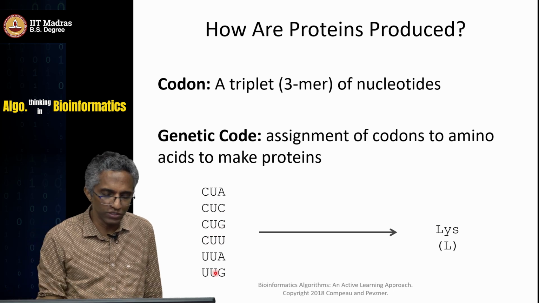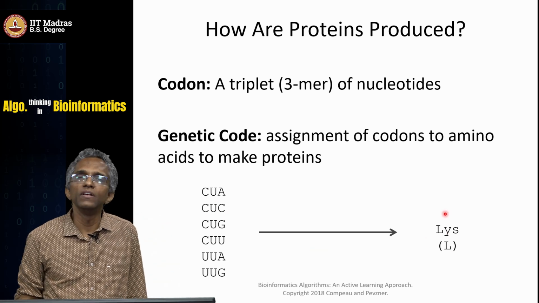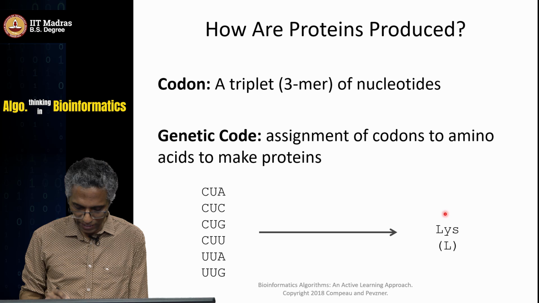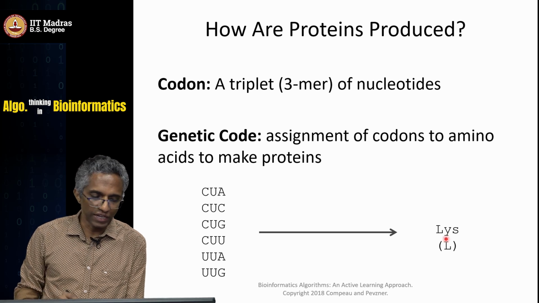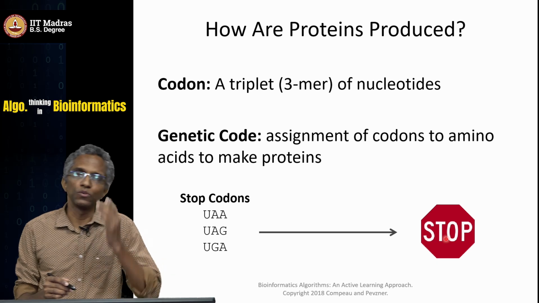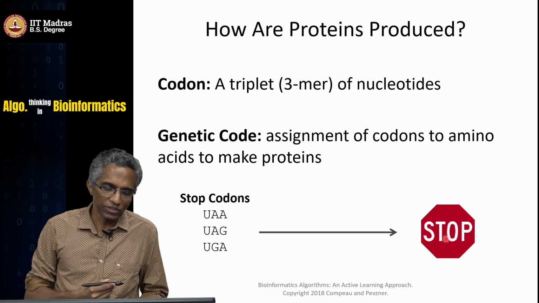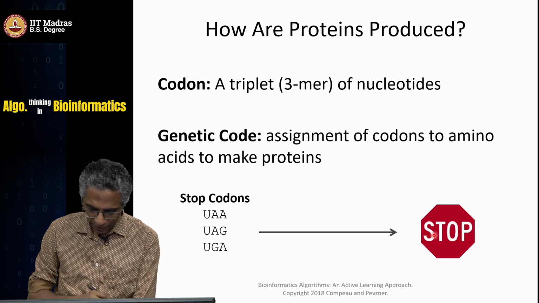So, multiple codons or multiple triplets here, CUA, CUC and so on, can get mapped to the same amino acid, lysine here, LYS, or indicated as a symbol L. And then of course, there are certain triplets which code for stopping the translation process. So, these are the stop codons.